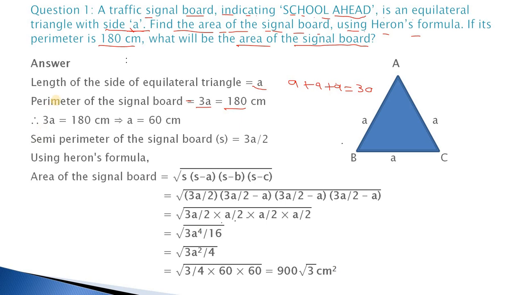Dividing 180 by 3, we get the side a is 60 cm. The semi-perimeter of the signal board is 3a by 2, that is 180 divided by 2. We get the value of s is 90 cm.